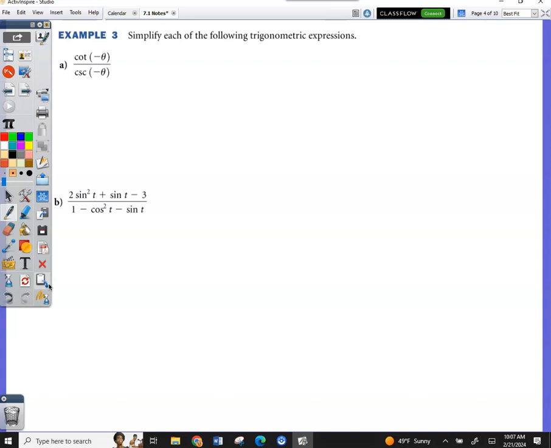I said that this could be rewritten, and then I wrote cotangent. What's cotangent? You need to look at your formula. That's cosine. Now you've got to keep the angle the same over sine.